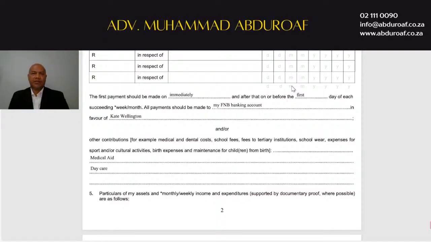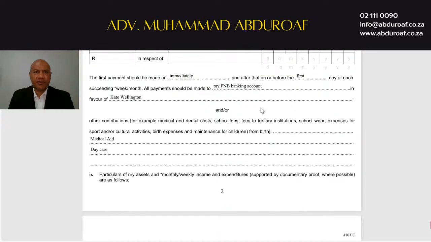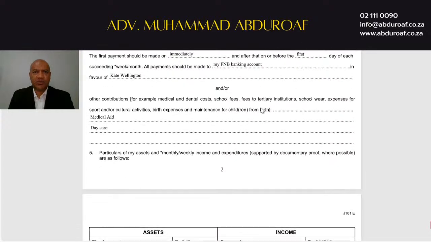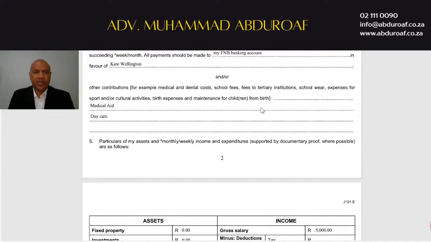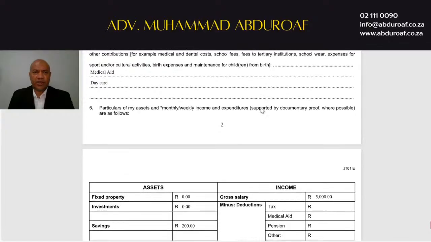When do you want payment? Immediately, of course, and thereafter on or before the first day of each succeeding month into your banking account in favor of Kate Wellington, that's you. What else do you require? Medical aid and daycare expenses, whatever else is relevant to your case.